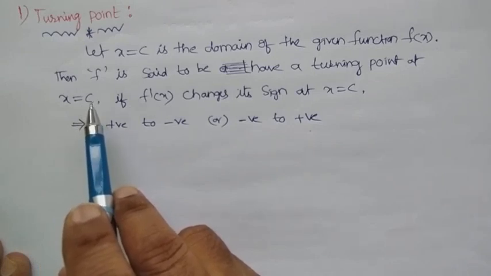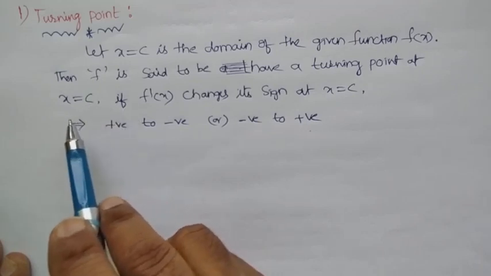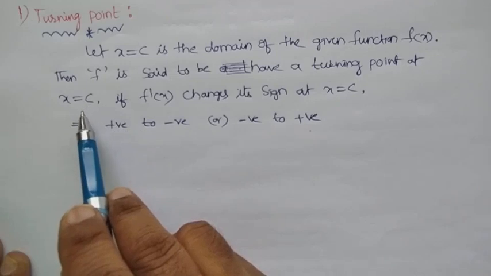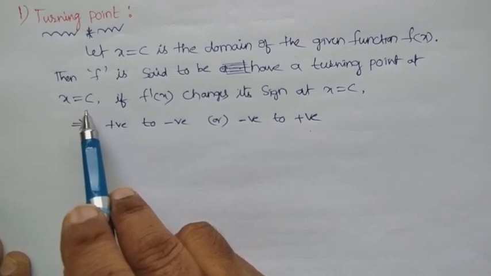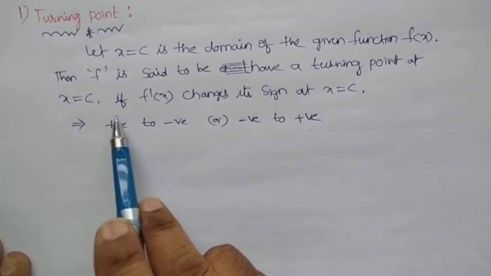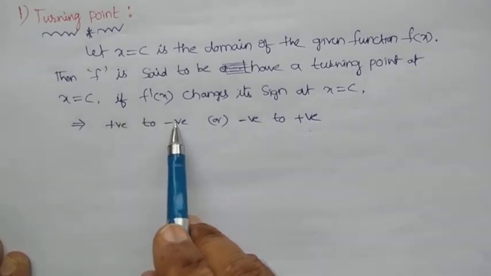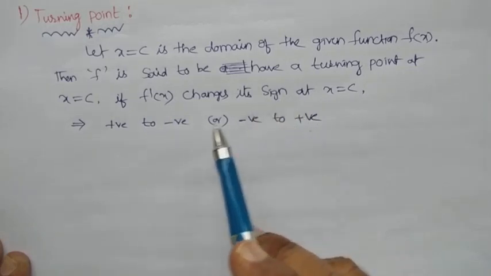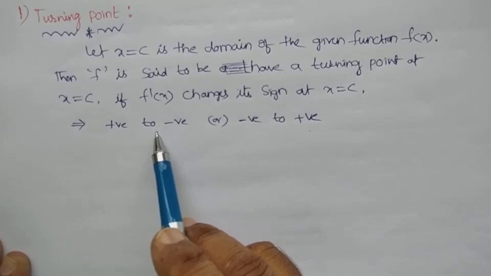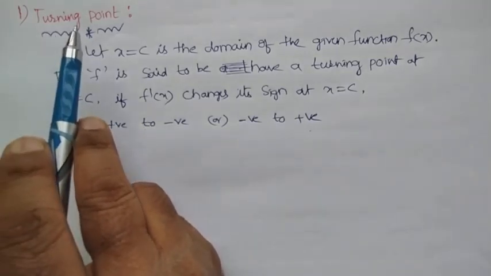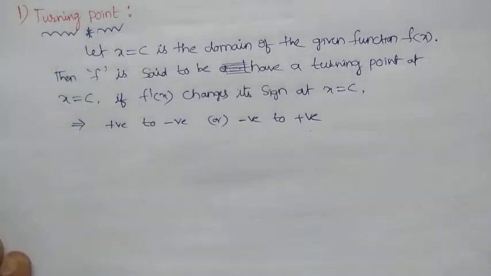So left to right we check the points around x equals c. At some point the positive value must change to negative or the negative value changes to positive. At that point we say it is the turning point of the given function.